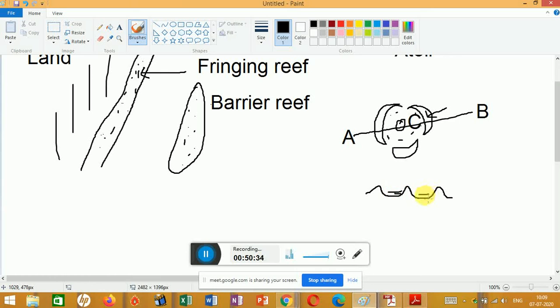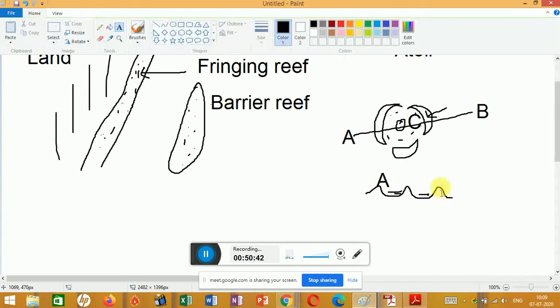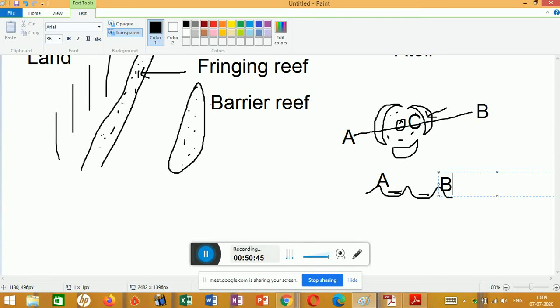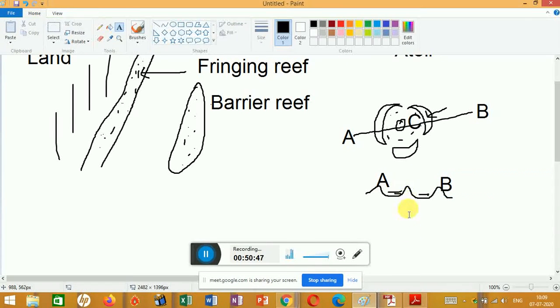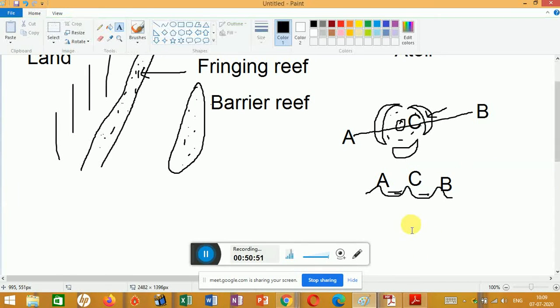This is A, then this is B, and the middle one is C. So this is the cross section of an atoll. Atoll is a coral island.